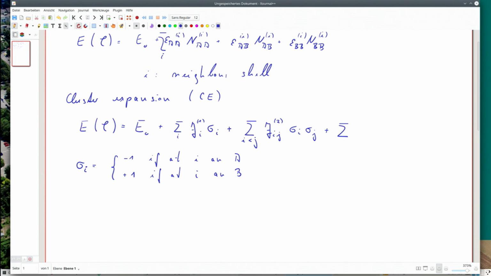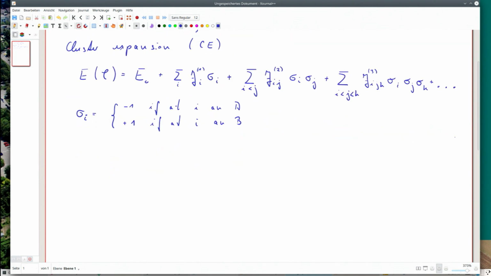I can also count over triples, i, j, k. So that's a triple interaction. And this you can continue, do it for quadruples and so on.